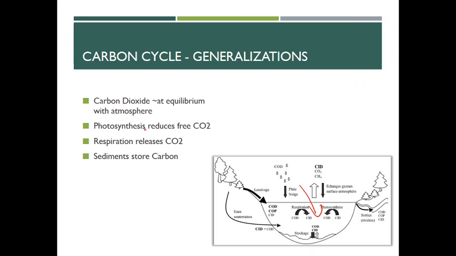But what we see is that photosynthesis really reduces free CO2 in the water column. That's what photosynthesis is doing, right? As plants are growing, they're taking up carbon dioxide, and essentially getting rid of it.